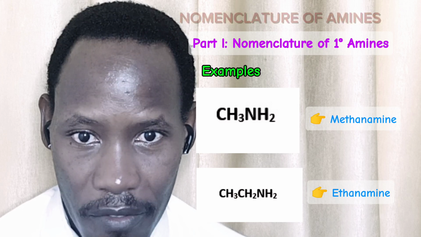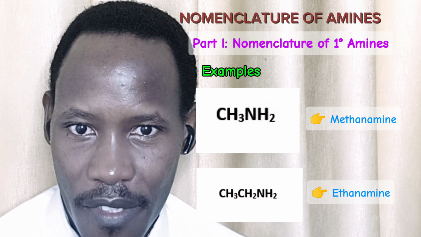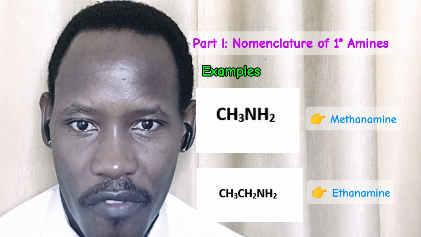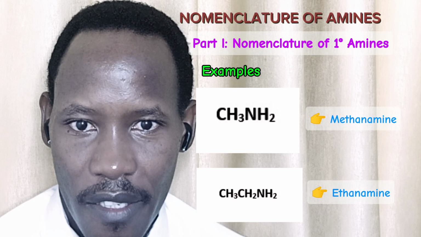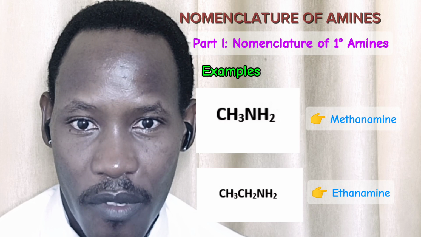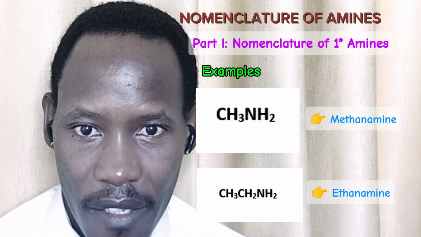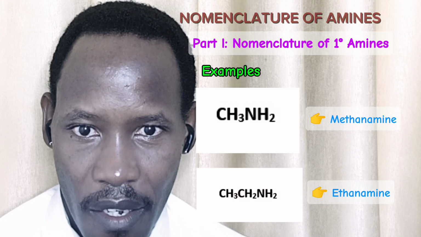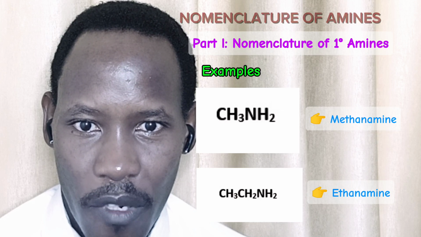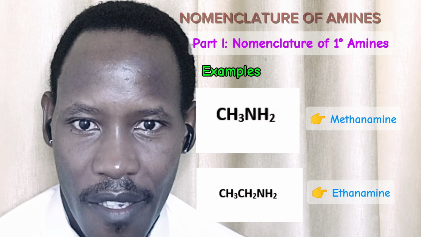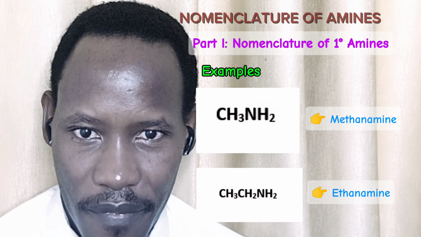Now, the above is just a general rule: if you want to obtain the name of an amine, then replace the letter E in the name of the corresponding alkane with the word amine. However, if you want to name longer chain primary amines, how do you name them?